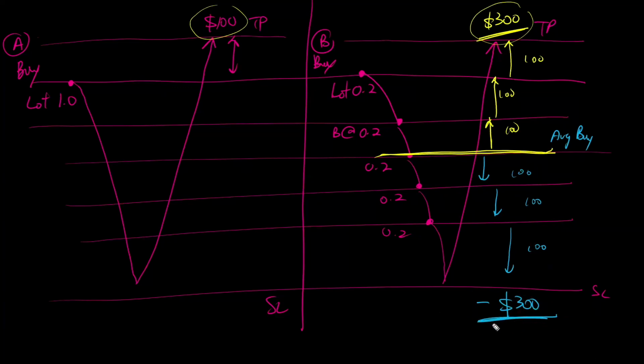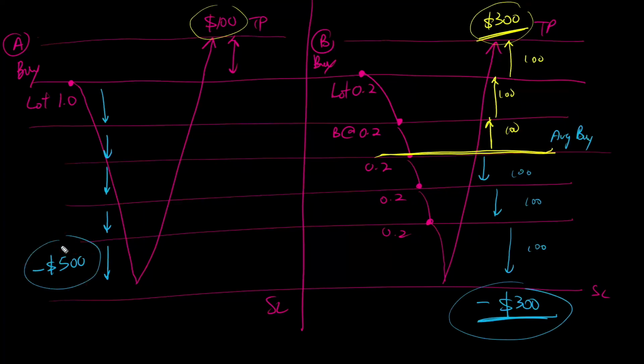But A is down 1, 2, 3, 4, 5. It is losing $500. Guys, did you notice this? By doing this action, I'm able to increase my profit while at the same time lowering my risk.